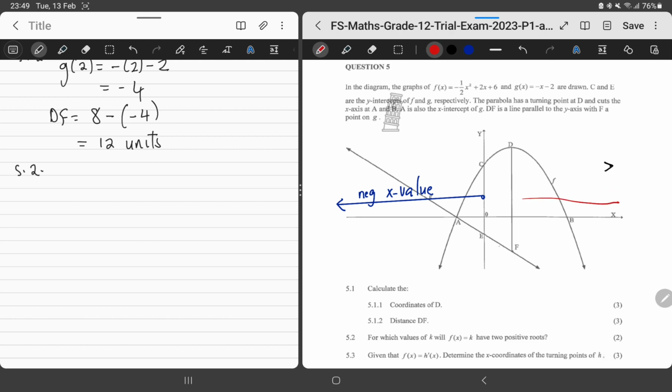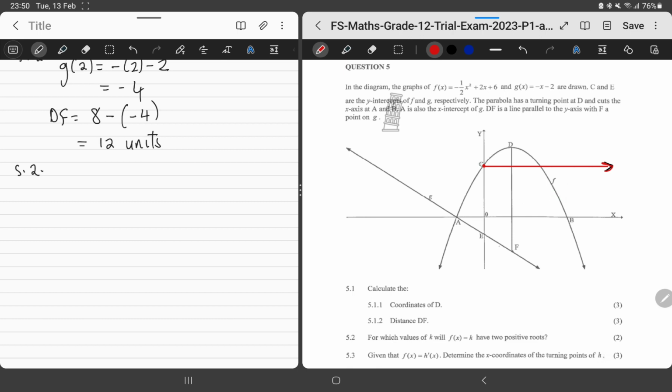And then from here all the way to the right, these are the positive x values. So the roots from this point to the right are all positive. So the solution will not lie to the left. The solution will lie from this point going to the right.